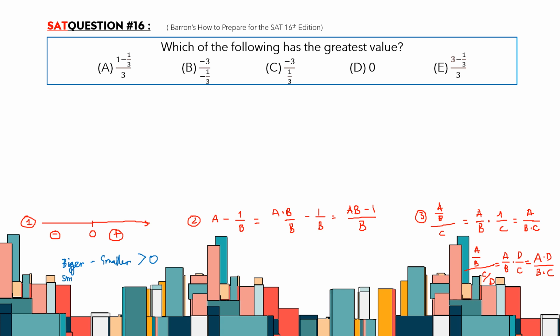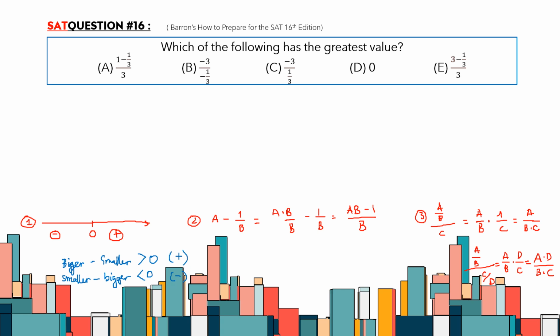A smaller number subtract the bigger number will be less than 0. In other words, this one will be positive and this one will be negative.